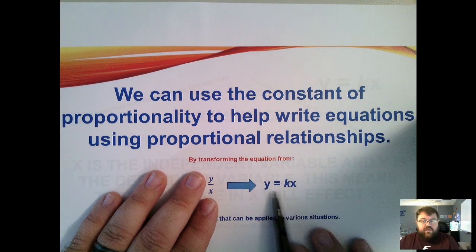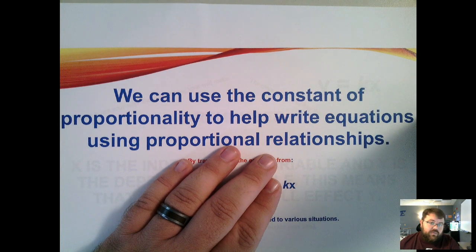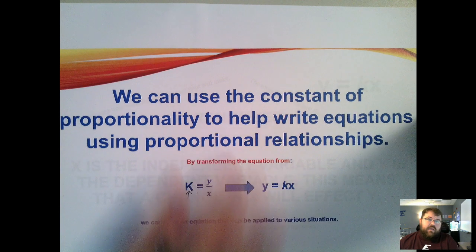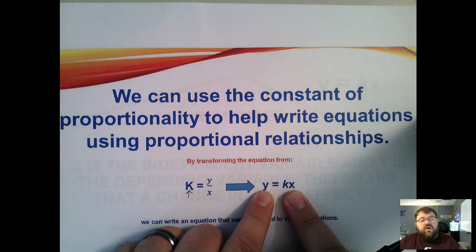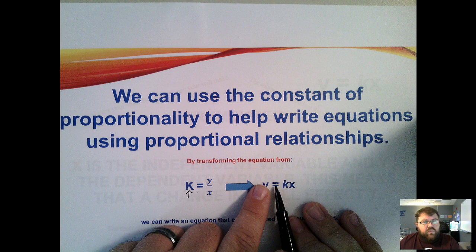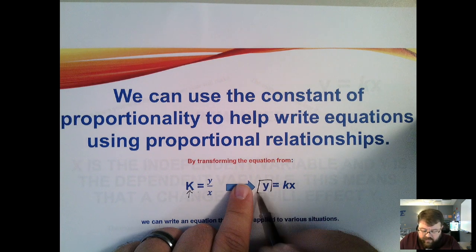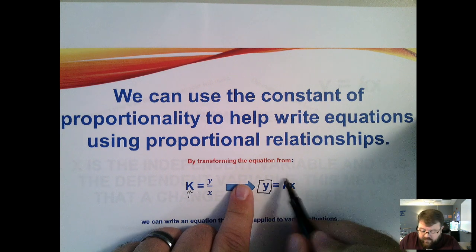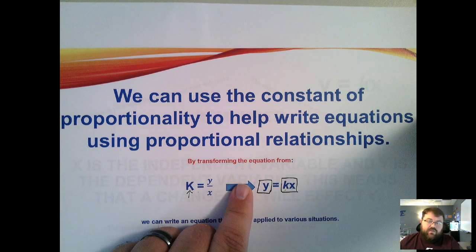So as we do this, understand that this part of the equation is nothing more than a multiplication problem, okay? And in 6th grade, you should have talked about one-step equations. With one-step equations, remember that the two sides are equal to one another. Do not forget the meaning of this symbol in mathematics. In mathematics, this means that the value of y is equal to the value of your constant multiplied by the value of x.